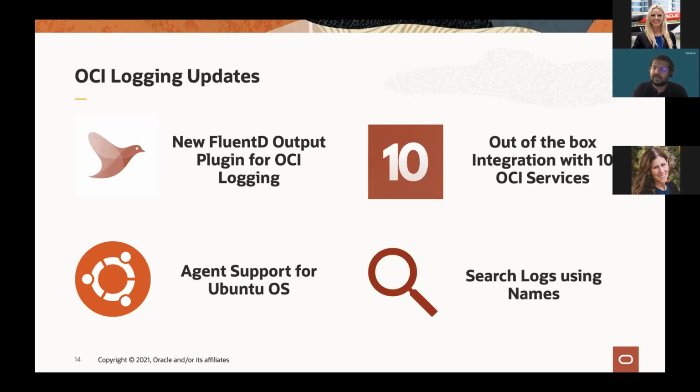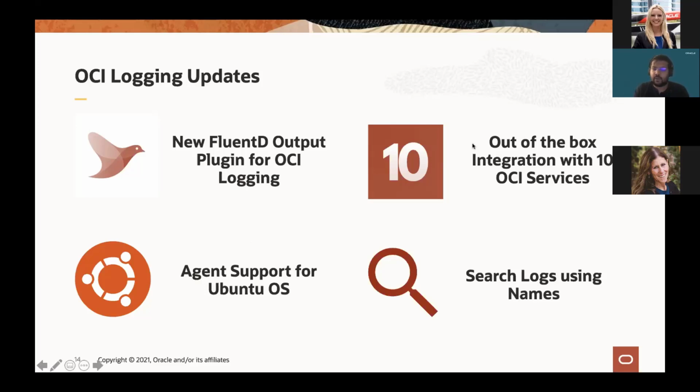So now they can do it via the output plugin that we make available for OCI Logging. All the user has to do is make sure they have an agent which picks up the data, and if they have an enrichment layer in between, they point the enrichment layer to the output plugin, through which the logs start getting pushed out to OCI Logging. We have the link for the plugin available in the next slides, which you can find once we share these slides with you.